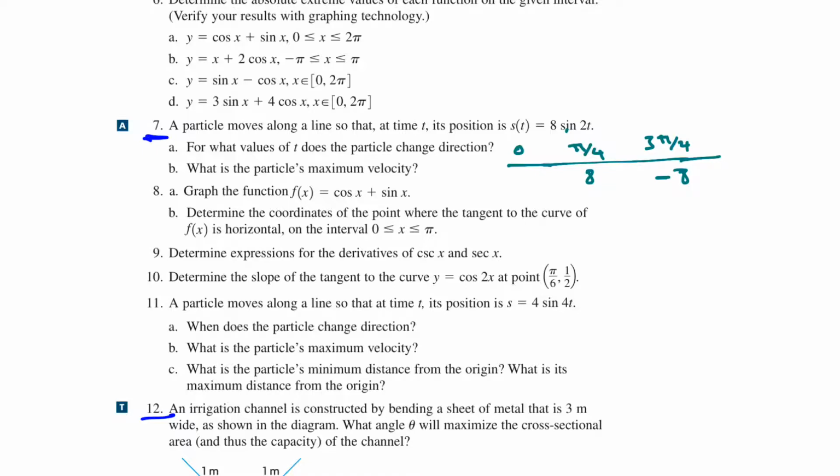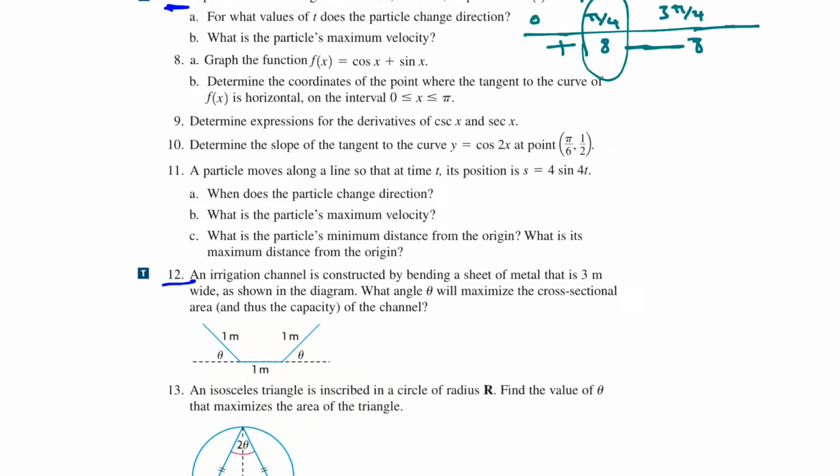Velocity is positive between 0 and pi over 4, negative between pi over 4 and 3 pi over 4. Therefore, at t equals pi over 4, velocity is maximum.